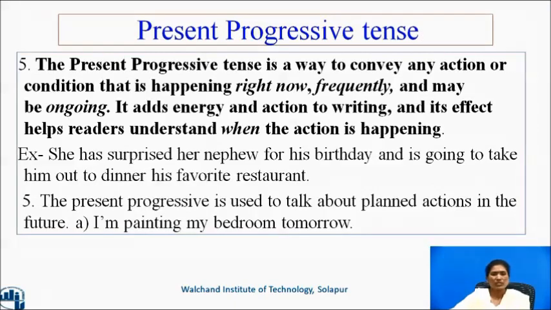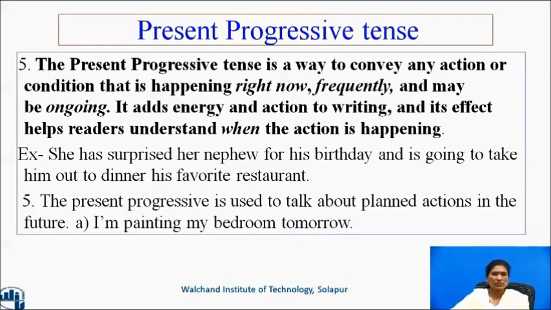The present progressive tense is a way to convey any action or condition that is happening right now, frequently, and may be ongoing. It adds energy and action to writing, and its effect helps the reader understand when the action is happening.